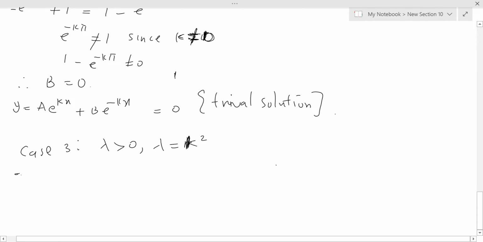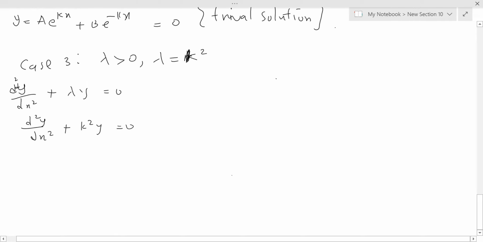So our differential equation d2y/dx squared plus lambda y equals 0 will be d2y/dx squared plus k squared y equals 0. So getting the auxiliary equation, we get m squared plus k squared equals 0. m squared is equal to minus k squared.